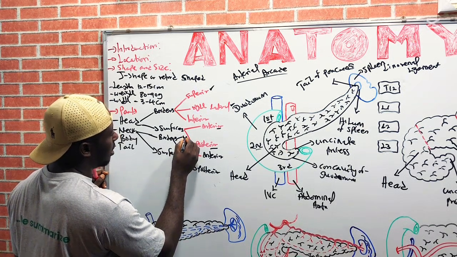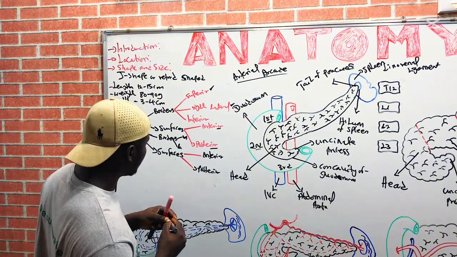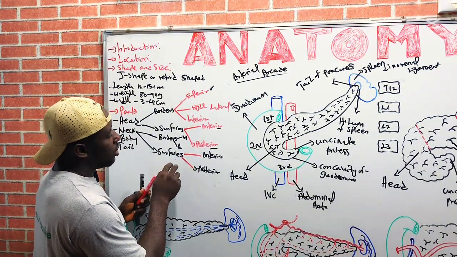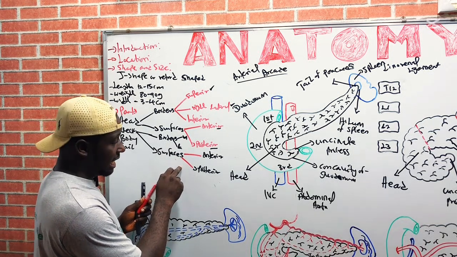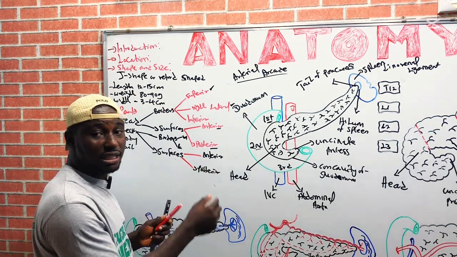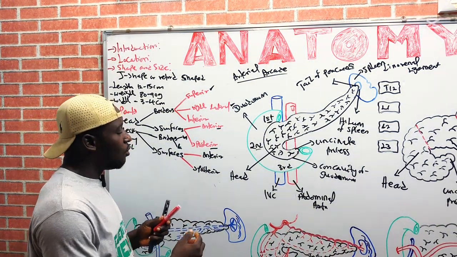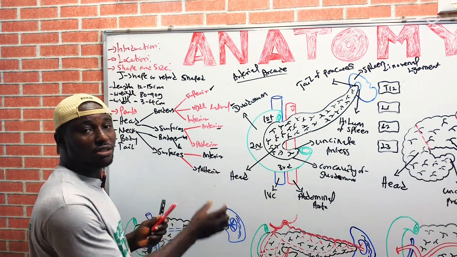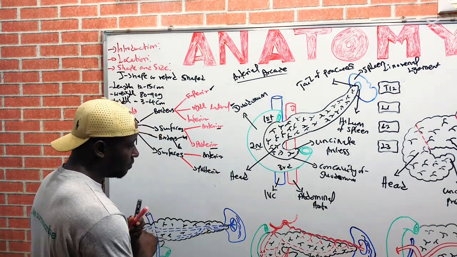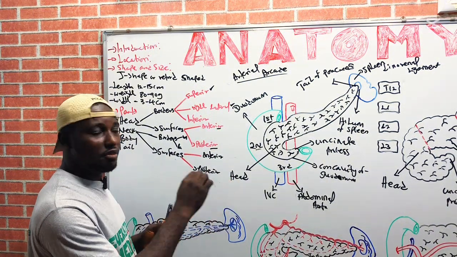U is for upper, while L is for lower, right? So the surfaces of the neck of the pancreas: its anterior surface is related to the pylorus of the stomach, right? While its posterior surface is related to the commencement of the portal vein. This is the portal vein, right? So this is how their relations are fashioned.